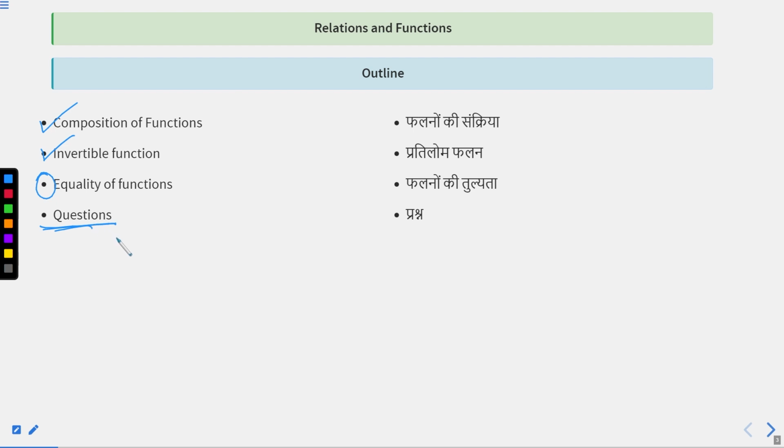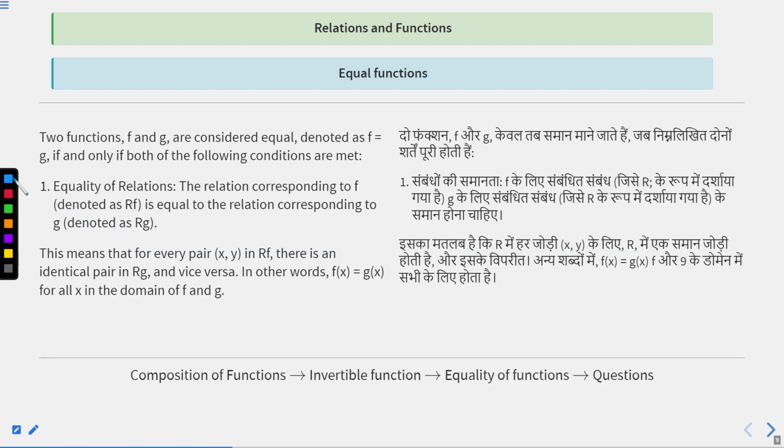So let's see what we mean by equal functions, when we say that two functions given to us are equal to each other. If two functions f and g are given to us and we want them to be equal, in notation we say f is equal to g if and only if two conditions are satisfied.